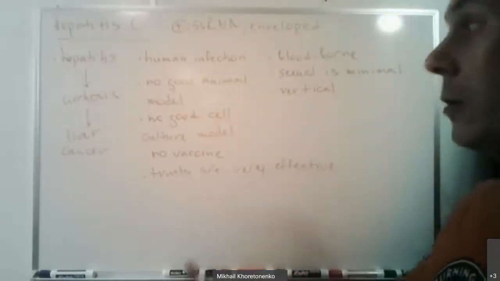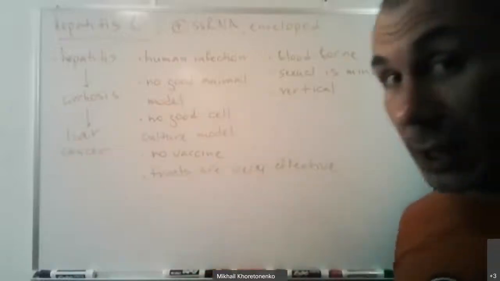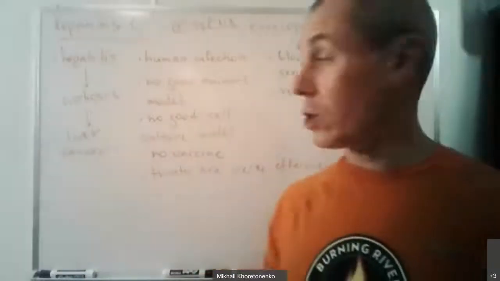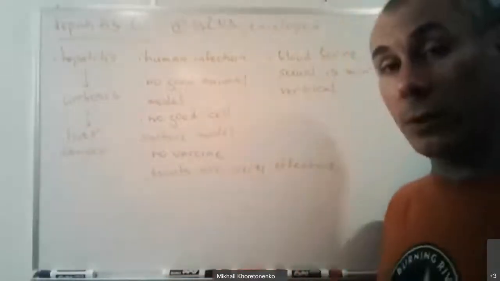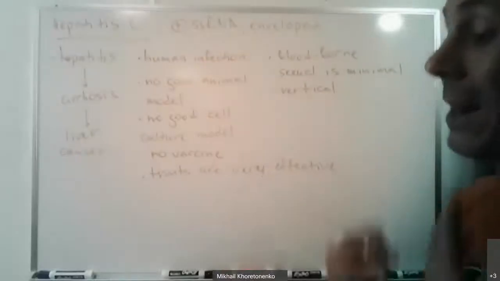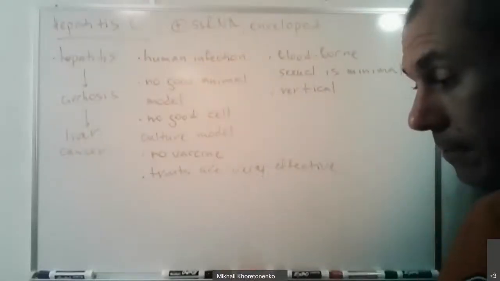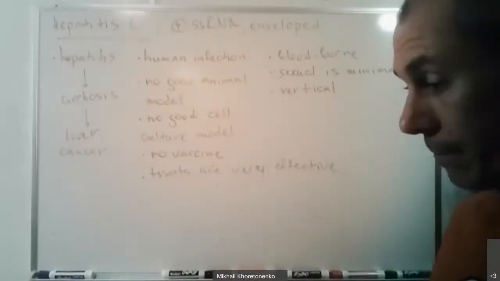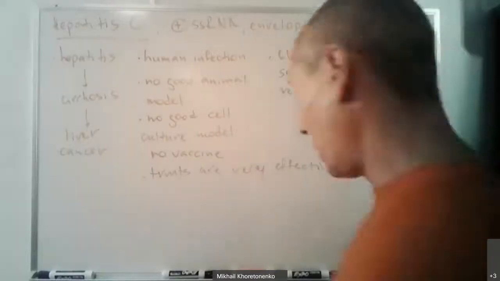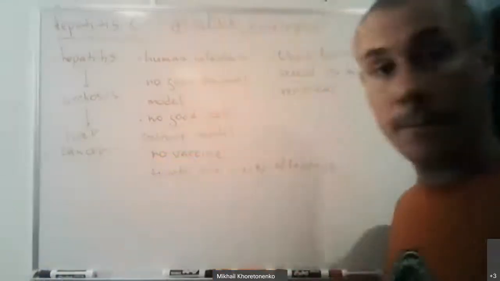In some of them, it will progress to cirrhosis, and in another fraction of those with cirrhosis, it will progress to liver cancer. So not everybody gets liver cancer. Okay, we good? All right. Any questions on Hep C?